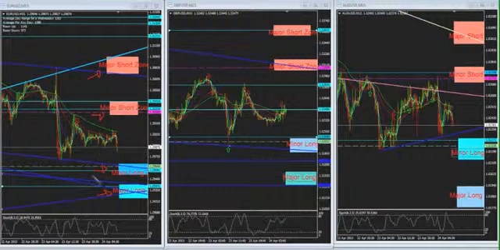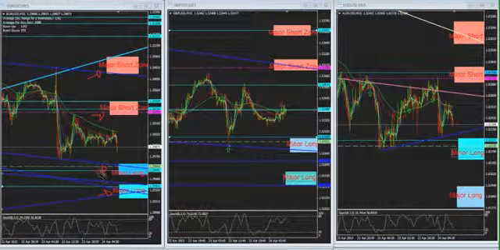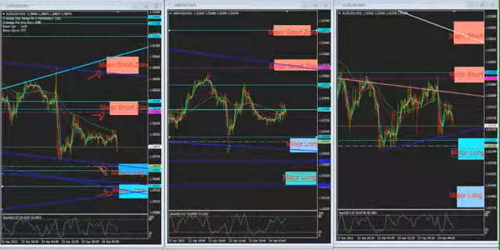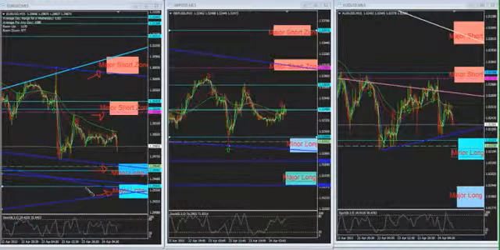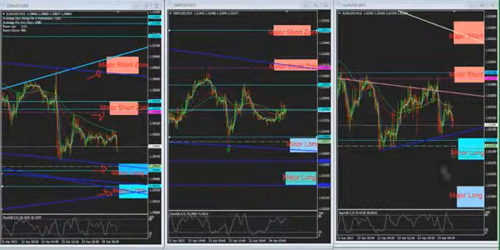Long zones from about 1.2965, and then a further long zone from 1.2940. Now again, all of the reasons for these long and short zones are described in our trading room, and on the pound as well. These are the zones. I'm not going to go through them now and bore you with that.